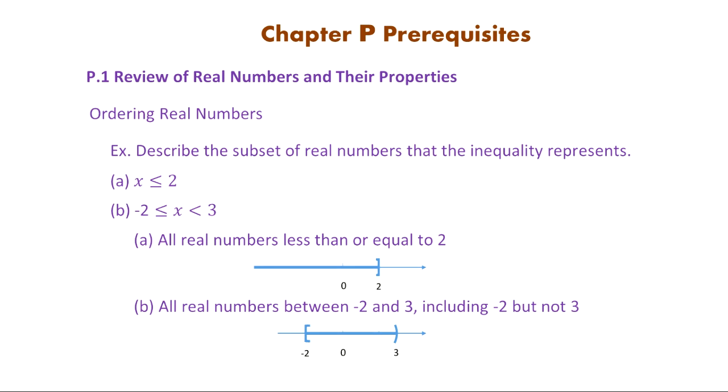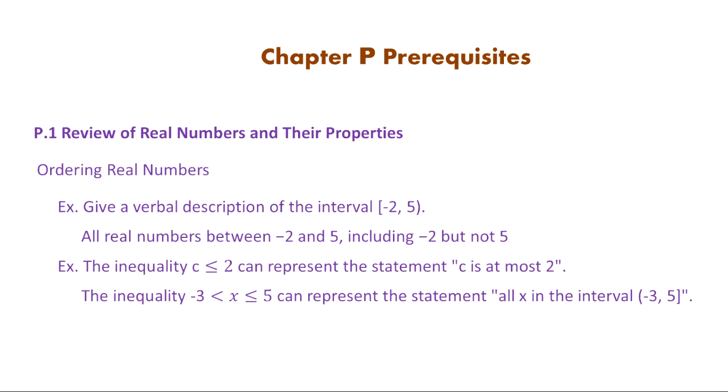We got the bracket on the left and parenthesis on the right. We can do that without the number line, and instead we write the two numbers in an interval using this same notation, and they mean the same thing. So that gives us the interval notation. That's another notation.